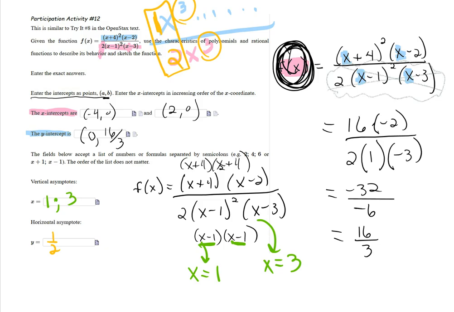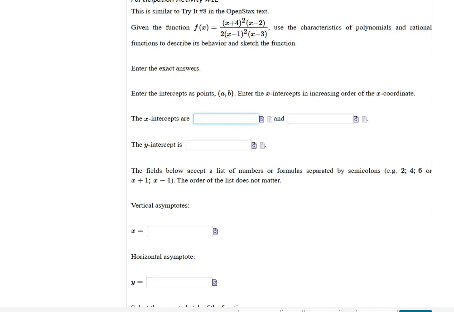And then they give you a multiple choice on the graph. So let's see if I can remember all this. -4, 0, and 2, 0. So -4, comma, 0, and 2, comma, 0. And then the y-intercept was 0, comma, I don't remember.